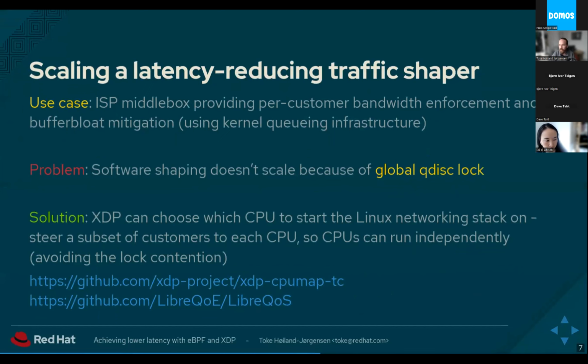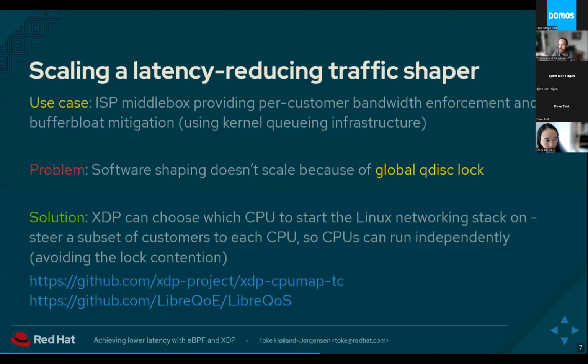But the problem with this is that the qdisc layer works by having a global software lock. And since machines these days tend to be multi-core, you have trouble scaling across CPUs. So it's really hard to scale to high bandwidths and do this. And so this particular use case is the ISP middle box type thing, where you have a per customer shaper.